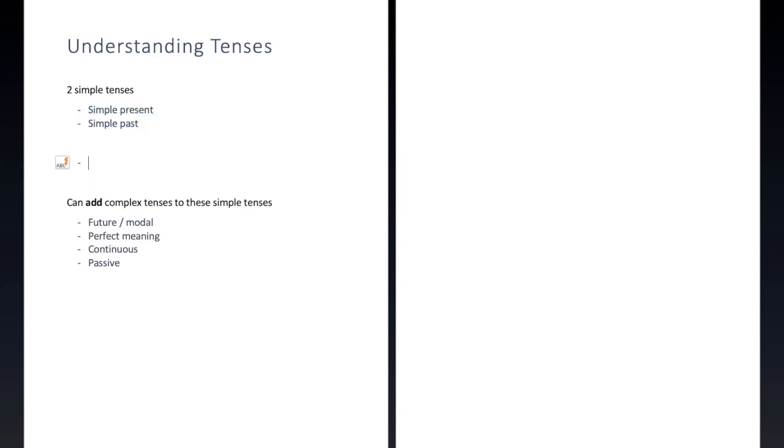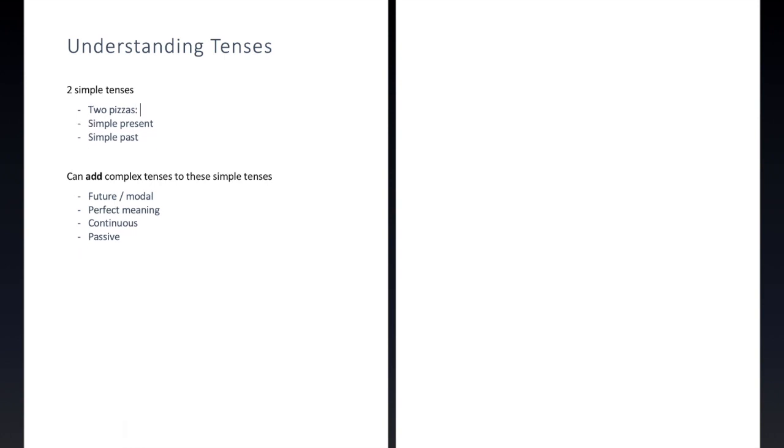So what's a good way to think about this? You can think about this like you have two different types of pizza. You can think of it as like maybe you have an American style crust. That's American. And then you have like an Italian.